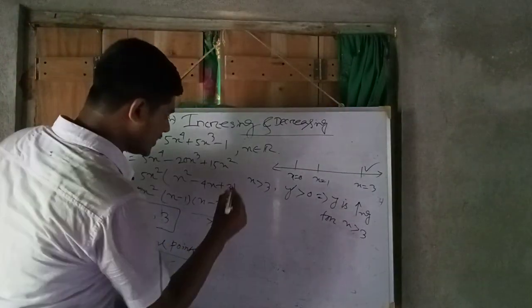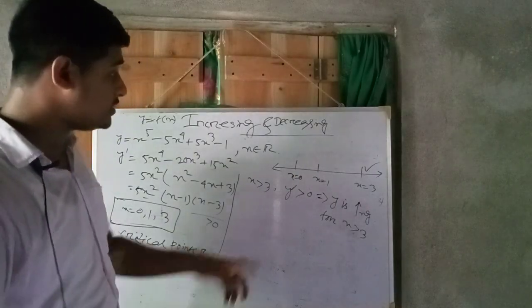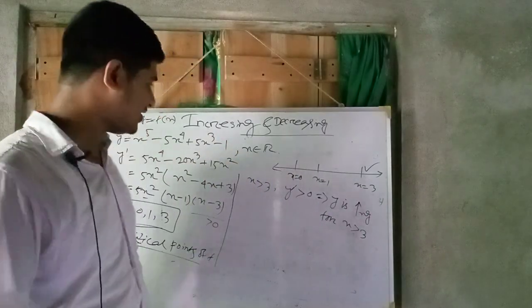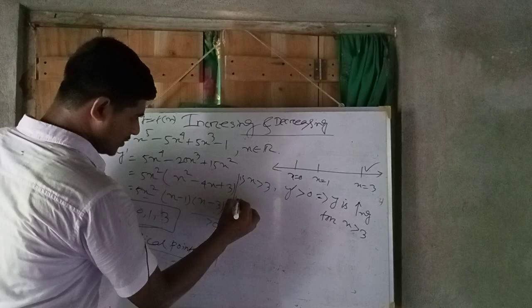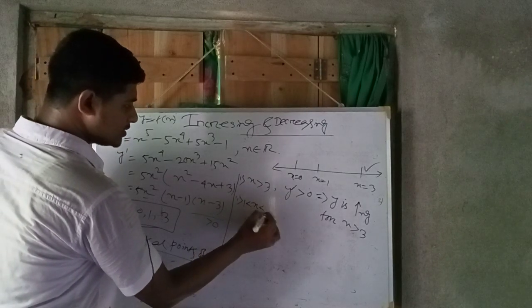So for x greater than 3, y dash is greater than 0, and this implies y is increasing for x greater than 3. This is very simple. This is number 1. Number 2, 1 less than x less than 3.